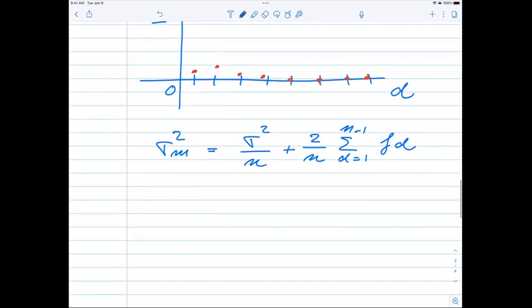So this is just a rewrite of the total quantity we have. And you can rewrite this now as sigma squared divided by n, and then you have 1 plus 2, and then a sum over d up to n minus 1, and then we have this function k of d.